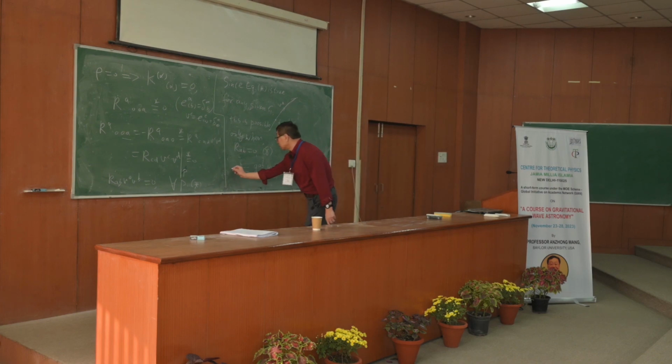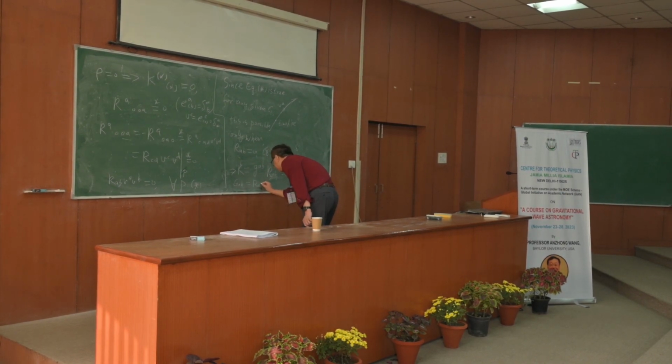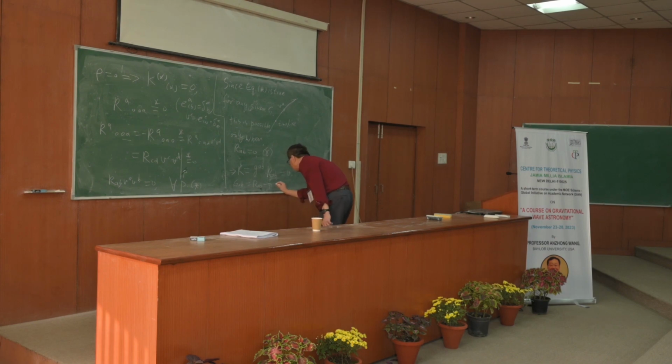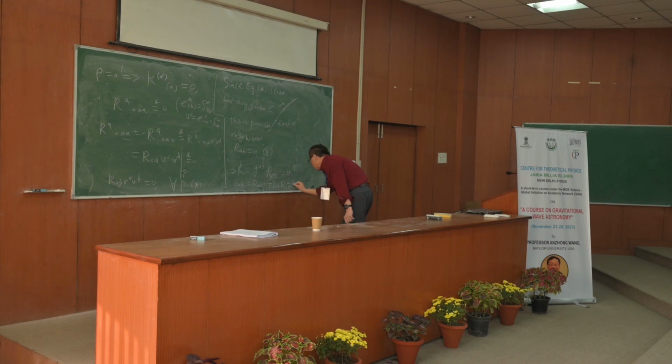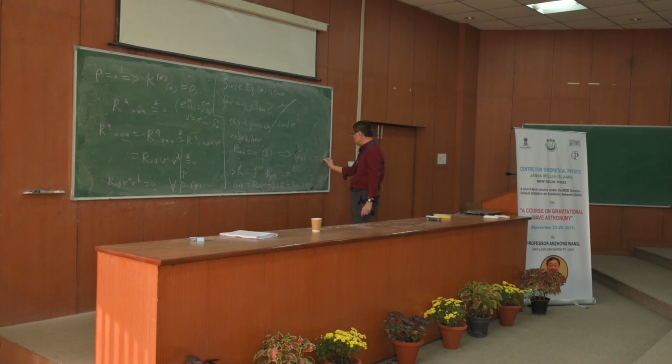Now we have the Einstein tensor G_{ab} equal to R_{ab} minus 1/2 g_{ab} R. So R_{ab} equals 0 is equivalent to G_{ab} equals 0.